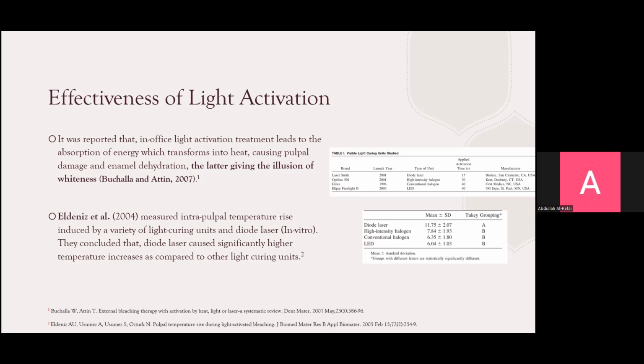So as we see here in the table, diode laser produced the highest temperature compared with the high intensity halogen, conventional halogen, and the light emitting diode. However, there were no significant differences between the other light curing units as shown in the table.